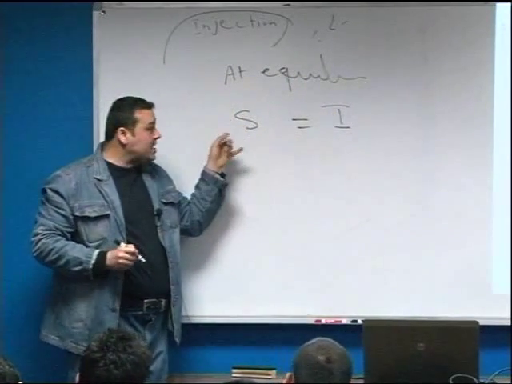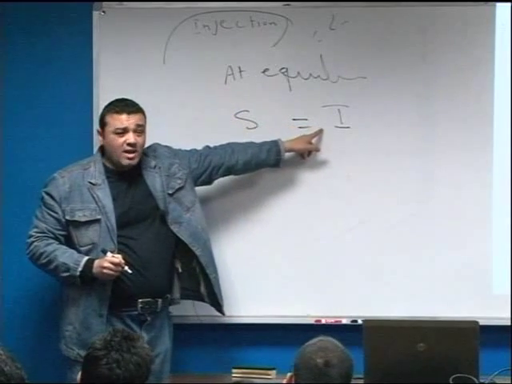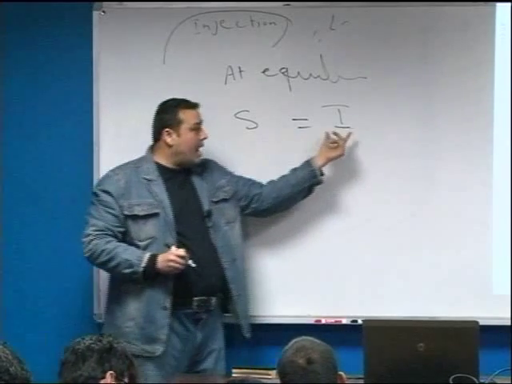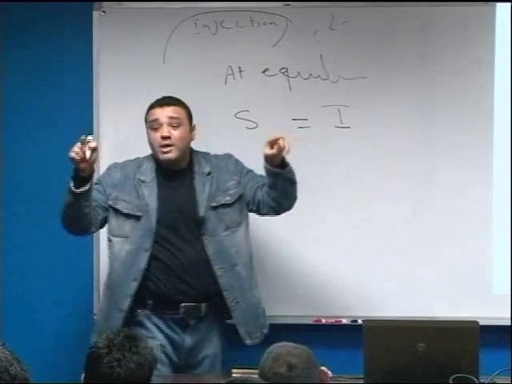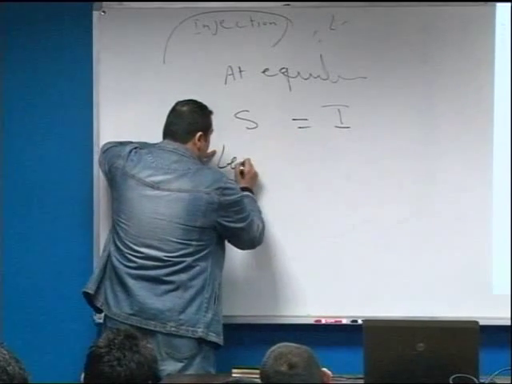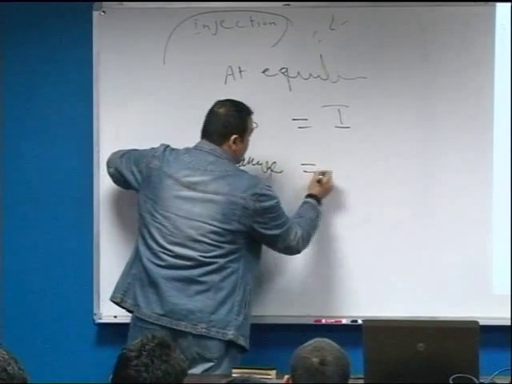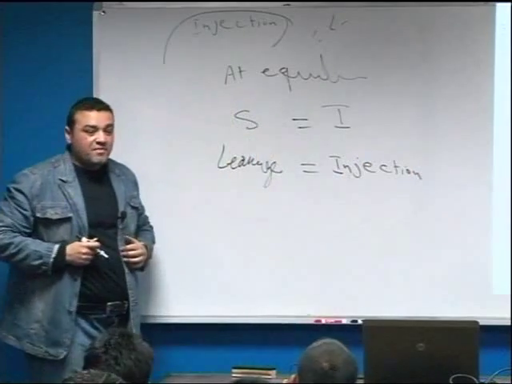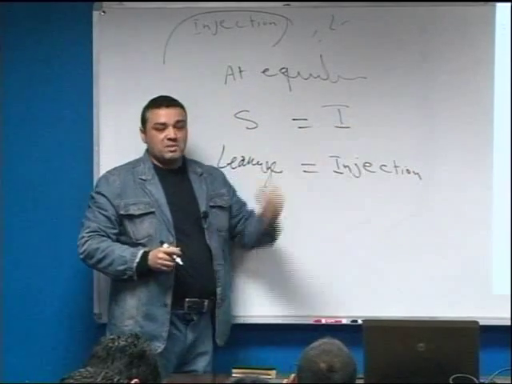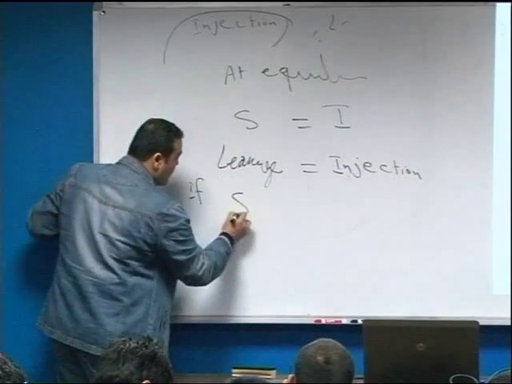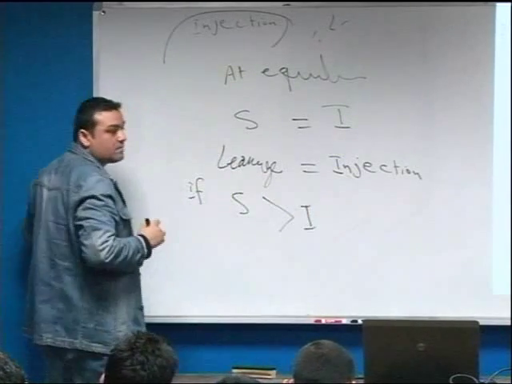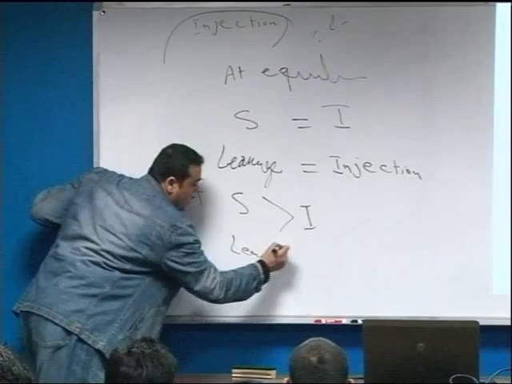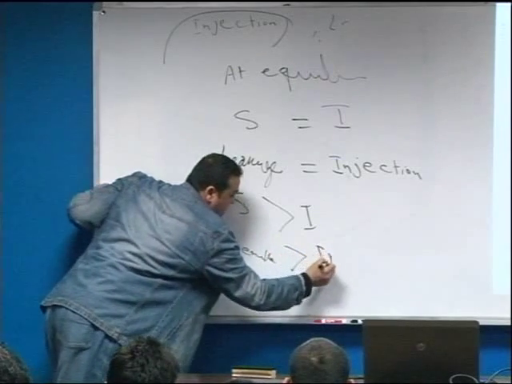In this case, the leakages out must equal injections, صح؟ Because the saving is leakages out, and the investment is injection. So at equilibrium, leakages out equals injection. But if the saving is larger than investment, we have what? Leakages out is larger than injection, and vice versa.